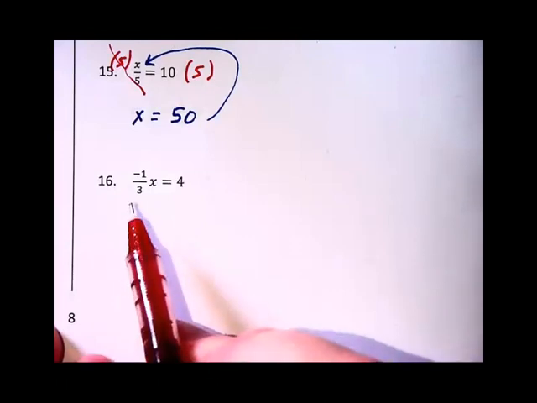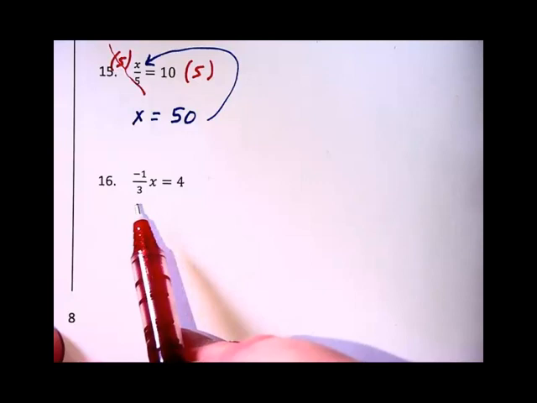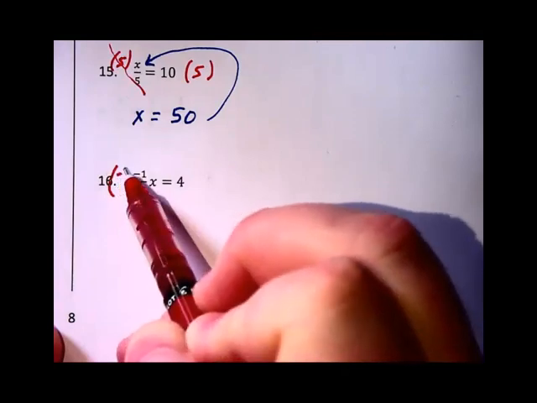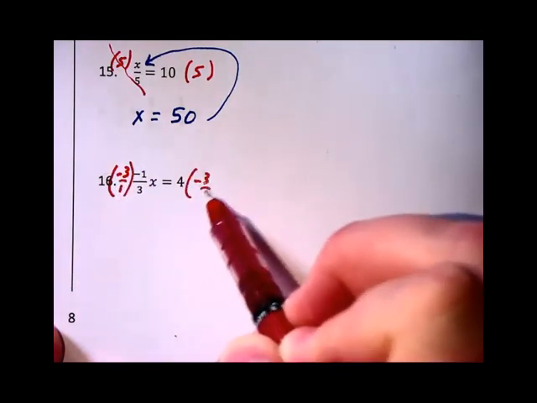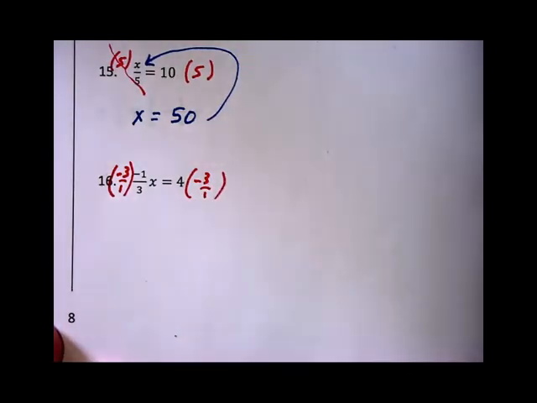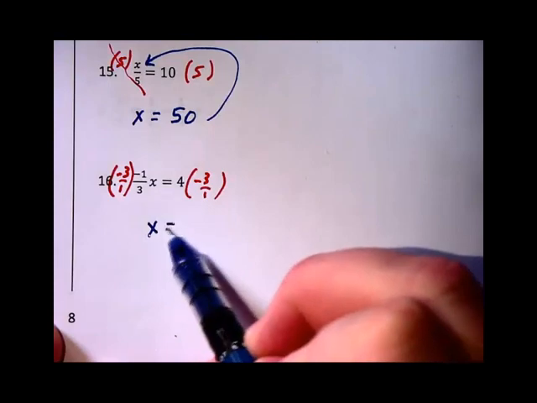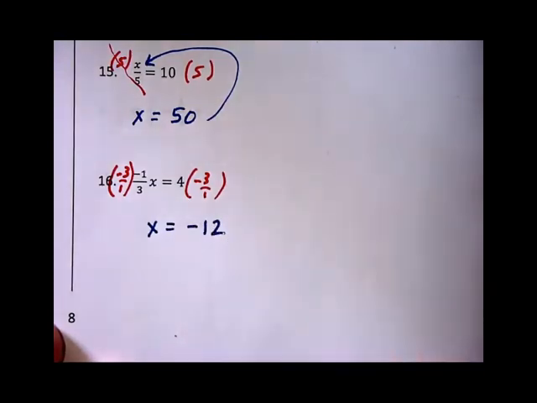Number 16, we have negative 1/3 times x. We want to divide by negative 1/3, but we learned a moment ago we can multiply by the reciprocal, negative 3 over 1 instead, and that will cancel out the fractions on the left and cancel out the negative sign. We're going to have x equals, and it turns out to be negative 12 when you multiply.